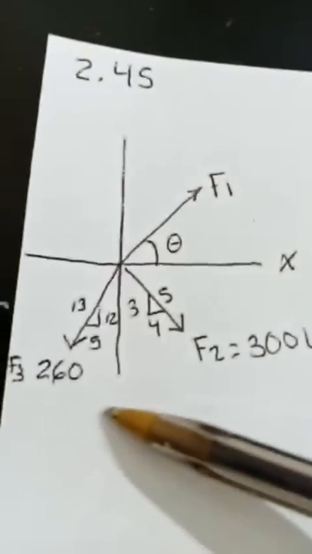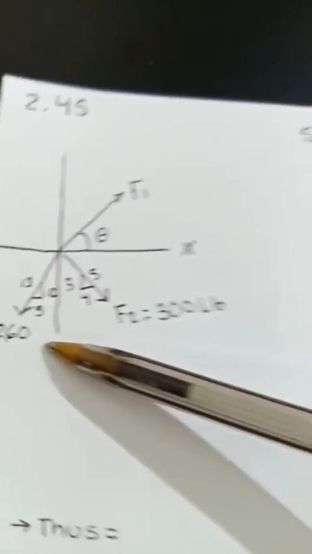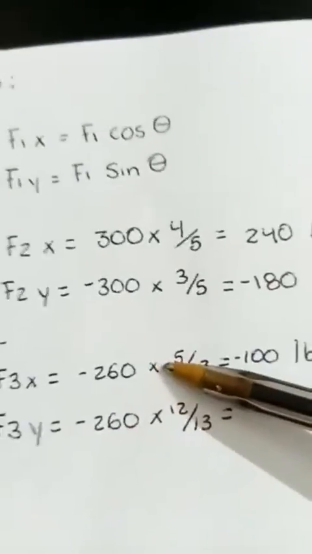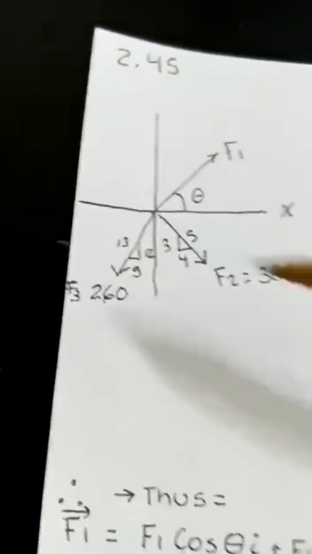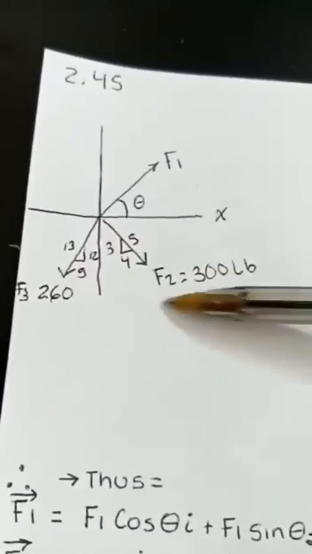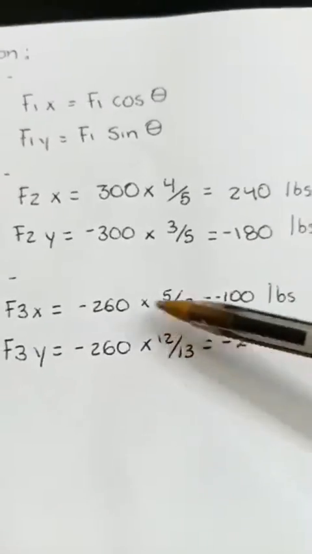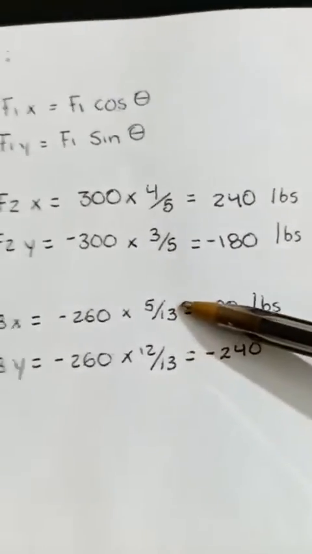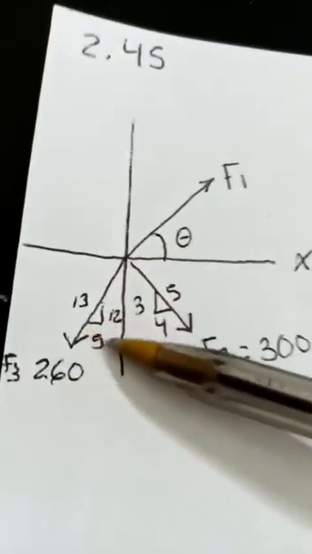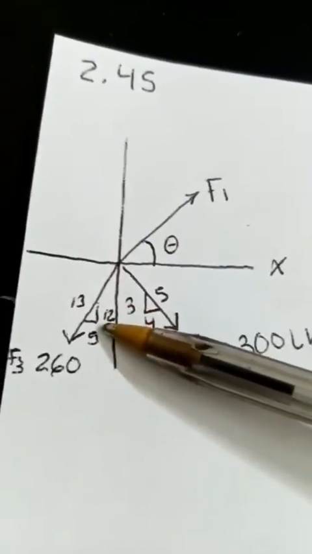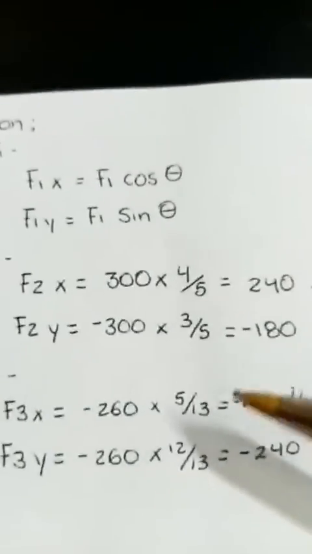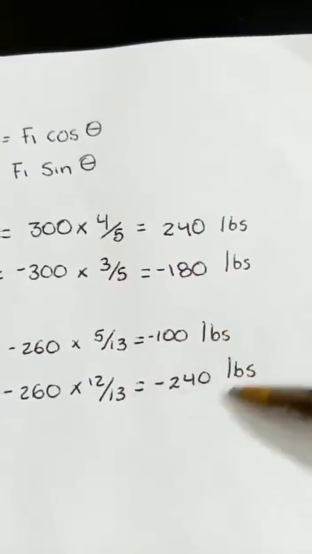As you can see, it's 260 minus 260. Why is it negative? Because it's under the x-axis, which causes it to be negative. Times this, which is the triangle right here. You do Pythagoras, and you have your values right here.